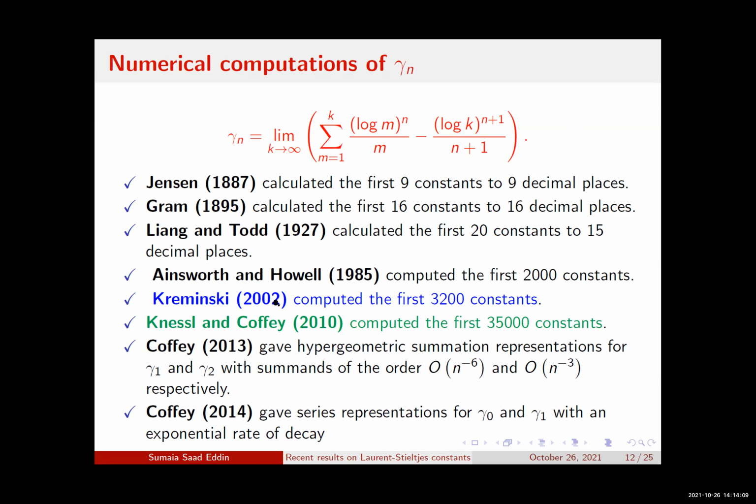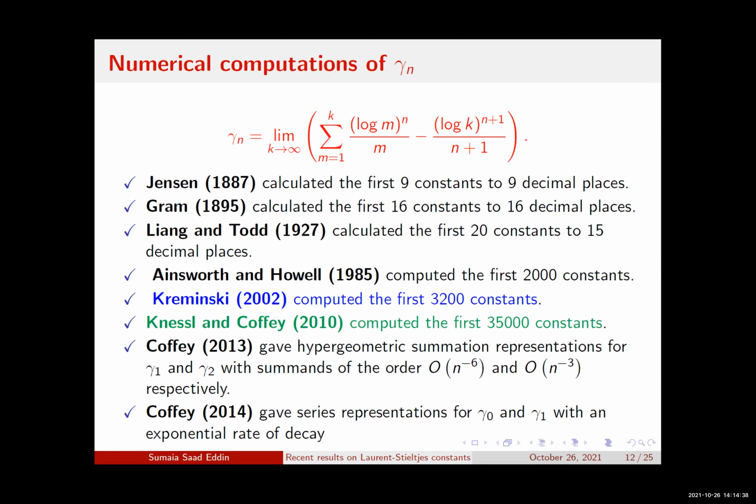So if we want to go back to the beginning, some authors used this formula to calculate or evaluate gamma n, and it's worth mentioning that this equation is slowly convergent.